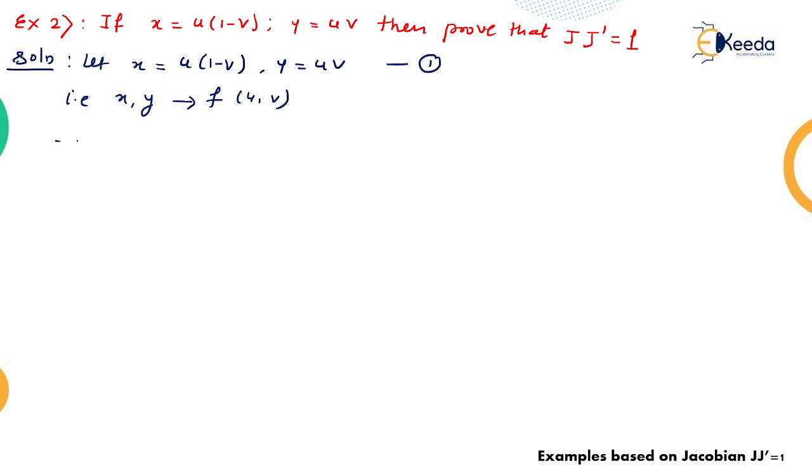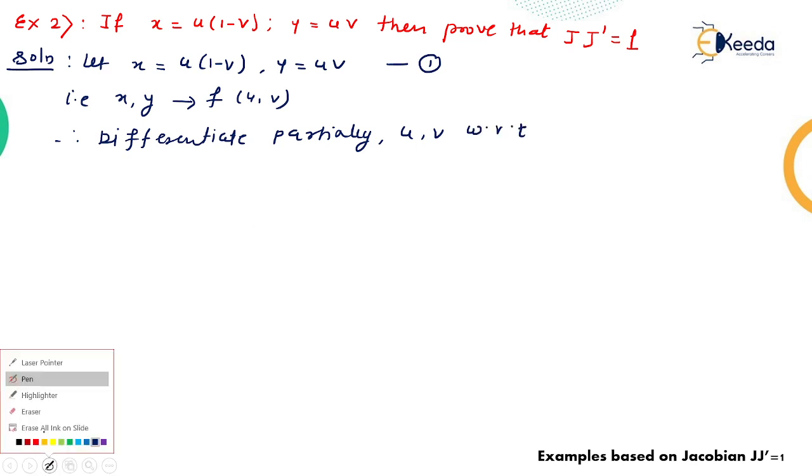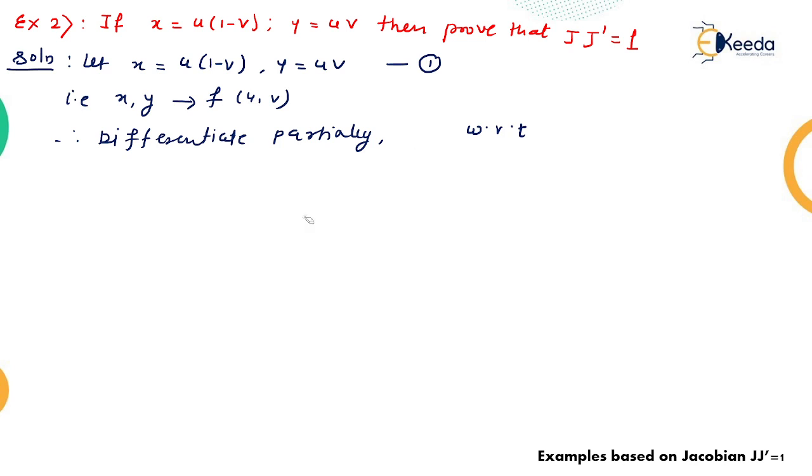Therefore differentiate partially x, y with respect to u and v, because xy is a function of uv.